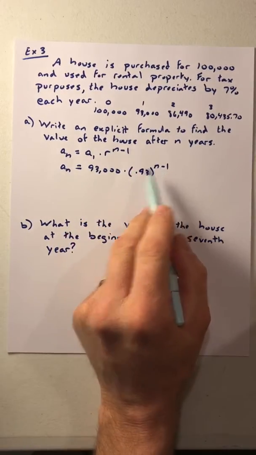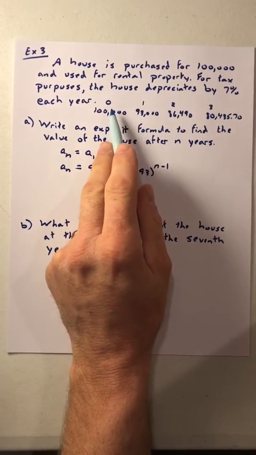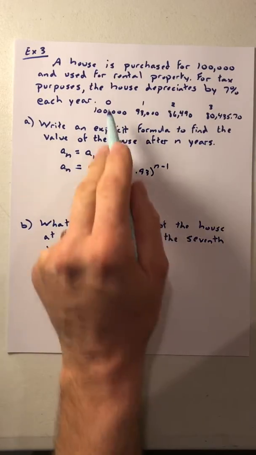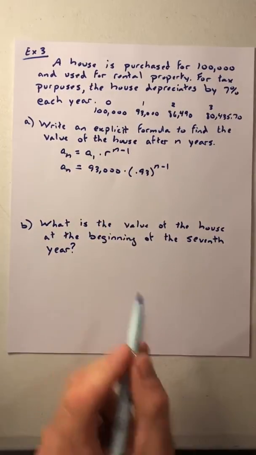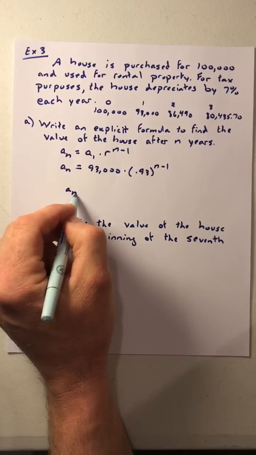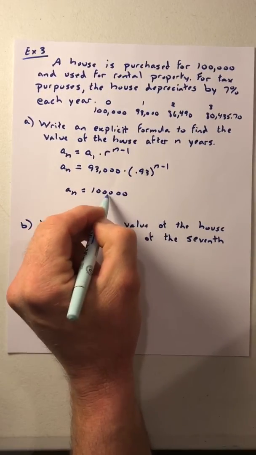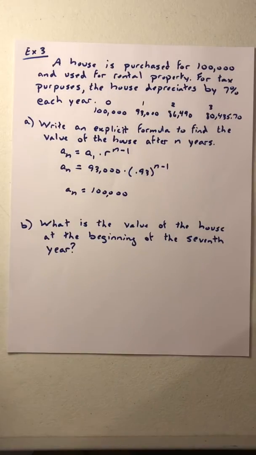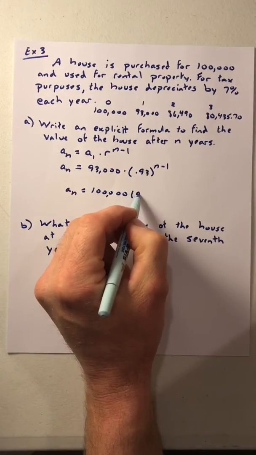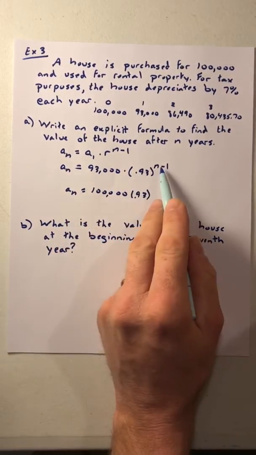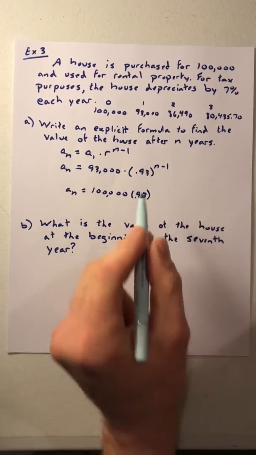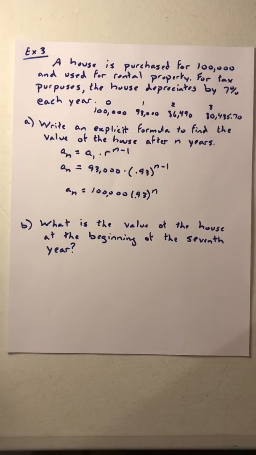Some of you may not like that. And if you don't, some of you may want to start with 100,000. Could we write this in terms of 100,000? And we could. If we know that we have 100,000 and we're going to multiply that by the 93%, well, instead of subtracting one off of it, we're simply going to have just to the n power.